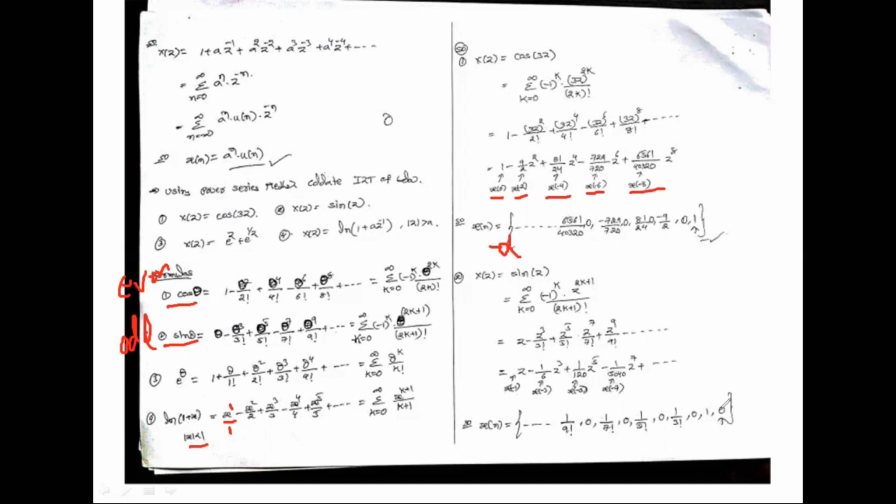Got it, my dear students? The 0 here, x of 0 is 0, x of minus 1 is 1, and x of minus 2 is not there, it is 0, x of minus 3 is 1 by 3 factorial, that is 1 by 6. Then 0, because there is no 4 value, and the 5 value is 1 by 5 factorial, no 6 value, 7 value is there, 1 by 7 factorial, we didn't get any 8 value, 0, then after that we get 1 by 9 factorial, and so on.